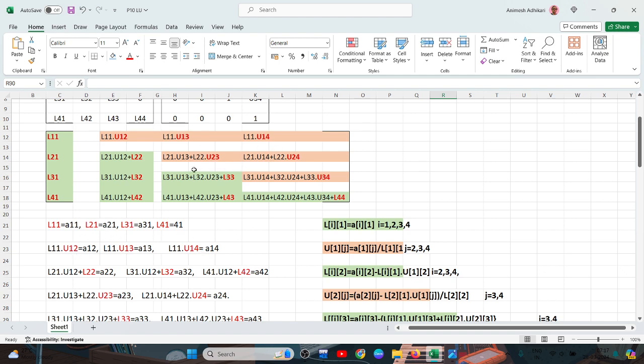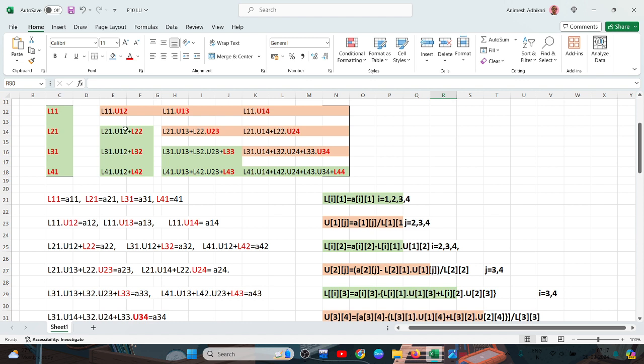Next, from part of the second column, comparing with the coefficient matrix A22, A32, A42, we get L22, L32, L42, and compactly write Li2 equal to Ai2 minus Li1 into U12, where i runs from 2, 3, 4.